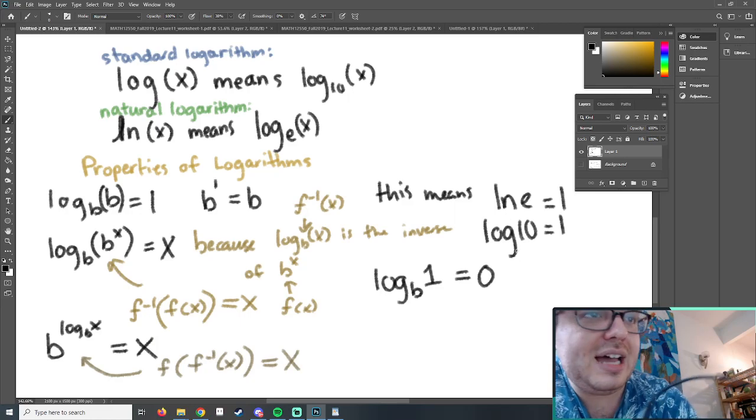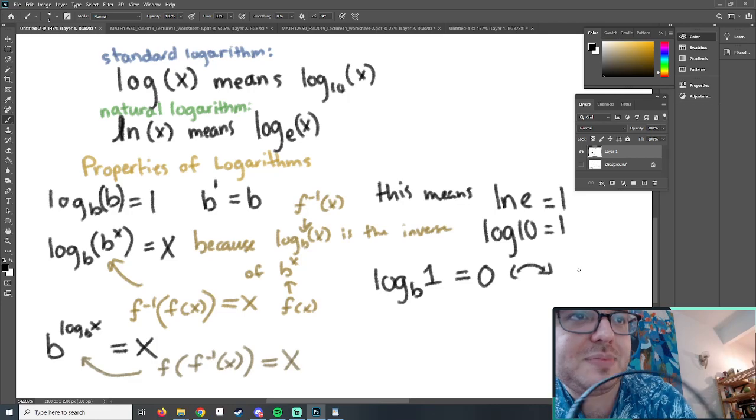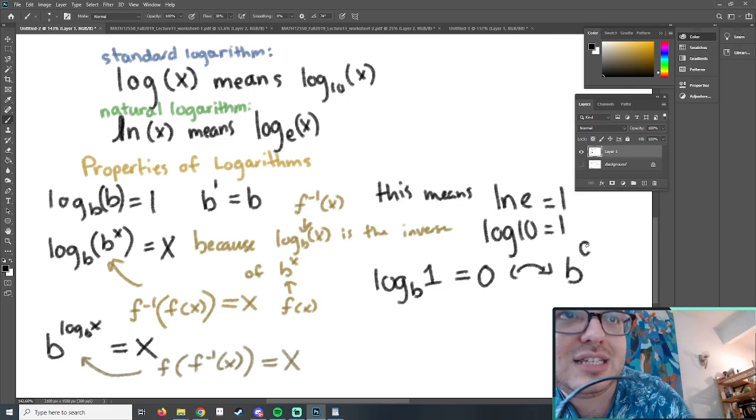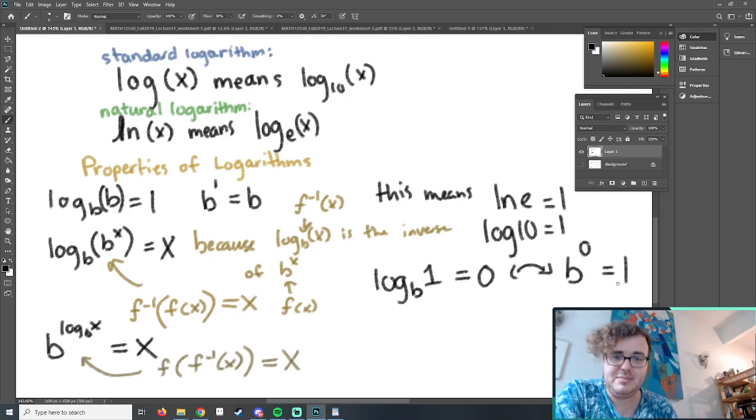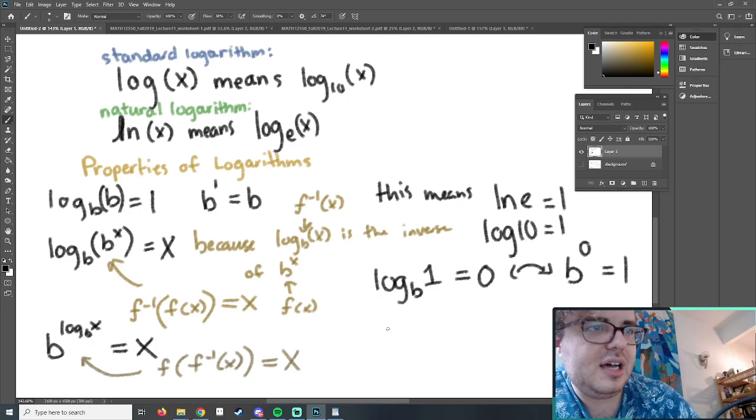Again, this goes back to exponential form: you get the statement b to the 0 equals 1, which is a true statement. And switching that statement into logarithmic form is what gives us the fact that log base b of 1 equals 0.